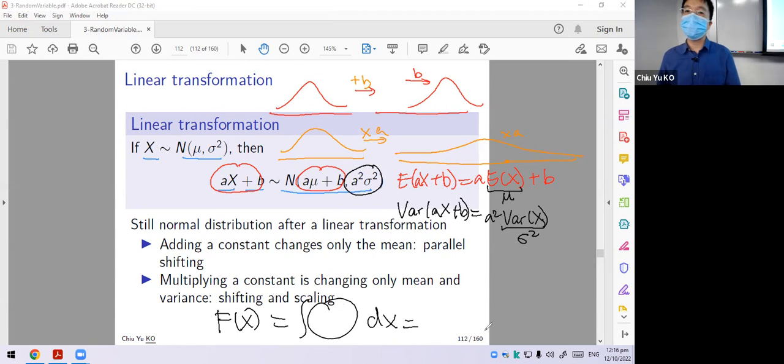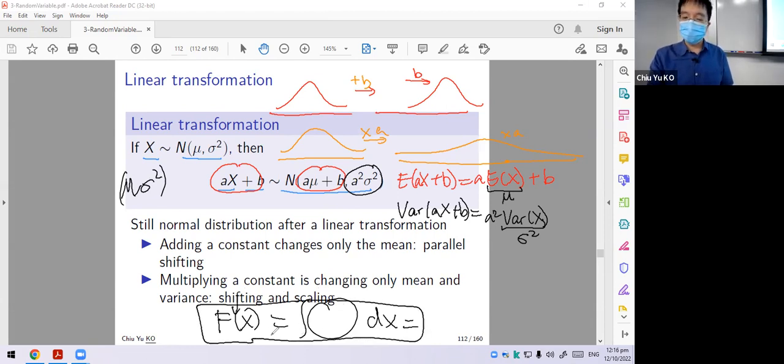That means you cannot use a pencil to calculate; you must use a computer. Very often we actually need this. Although the normal is very simple, we have mu and sigma and can calculate the mean and variance, but the probability requires a computer, and that makes things not so easy.